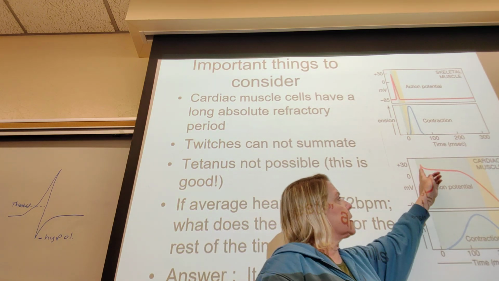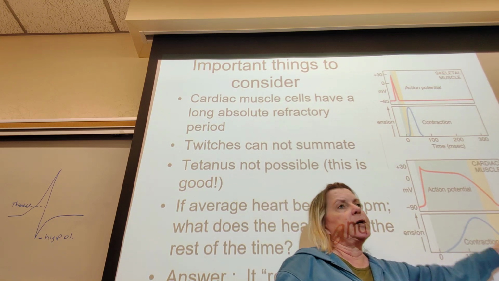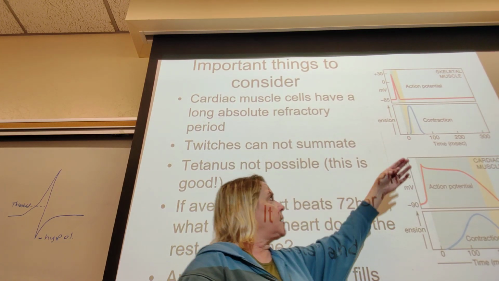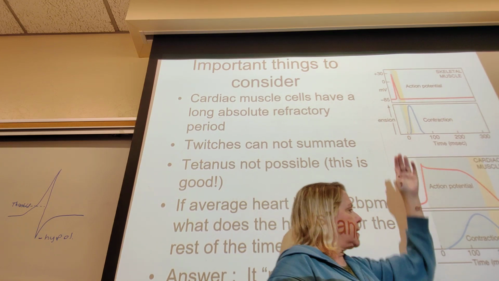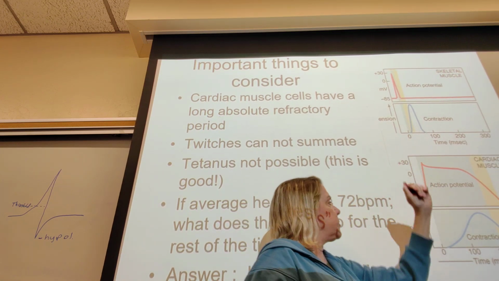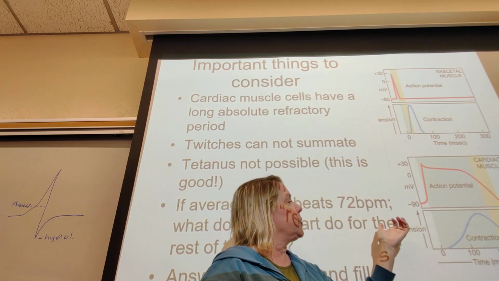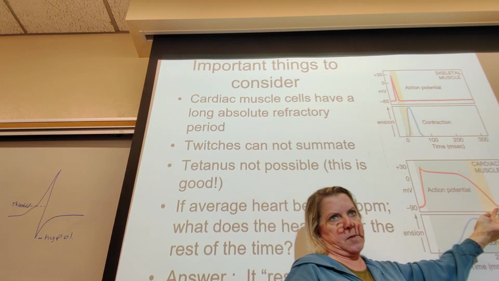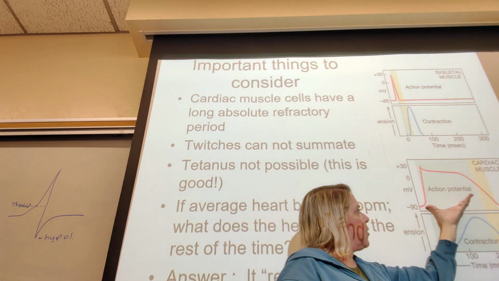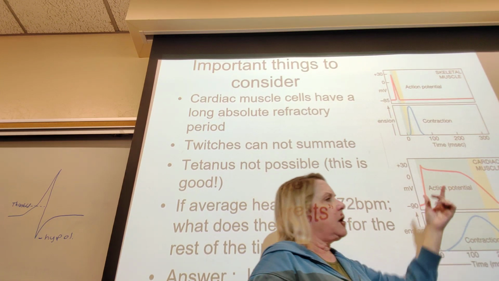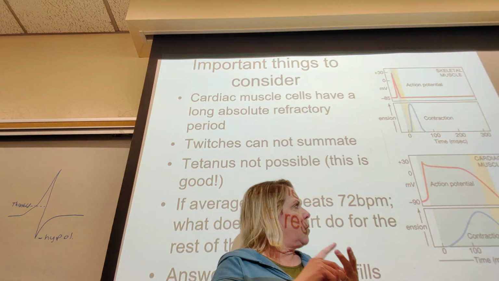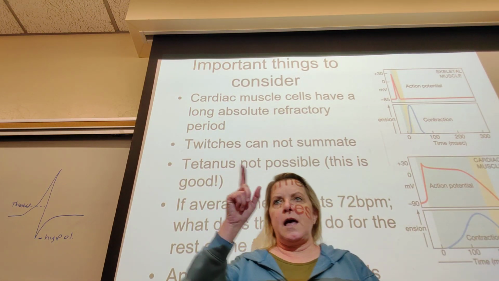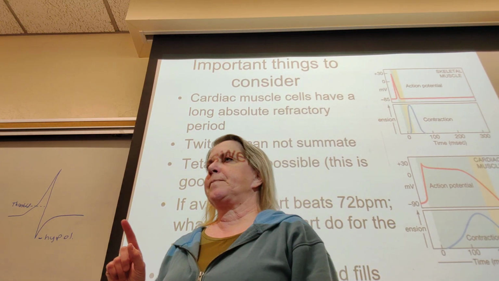But here is the action potential for a cardiocyte, a contractile cell. It doesn't just last short milliseconds, like 1 to 2. It lasts for close to 250 something. And right here, for phase 0, 1, 2, and part of 3, it's an absolute refractory period.